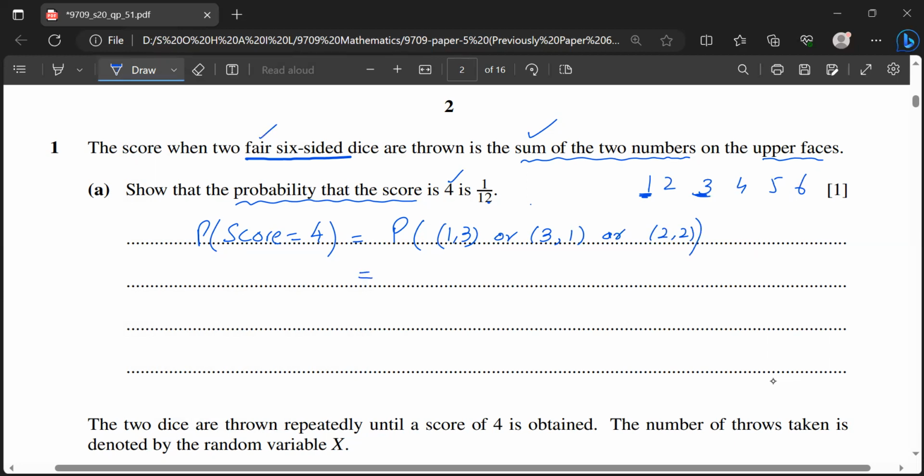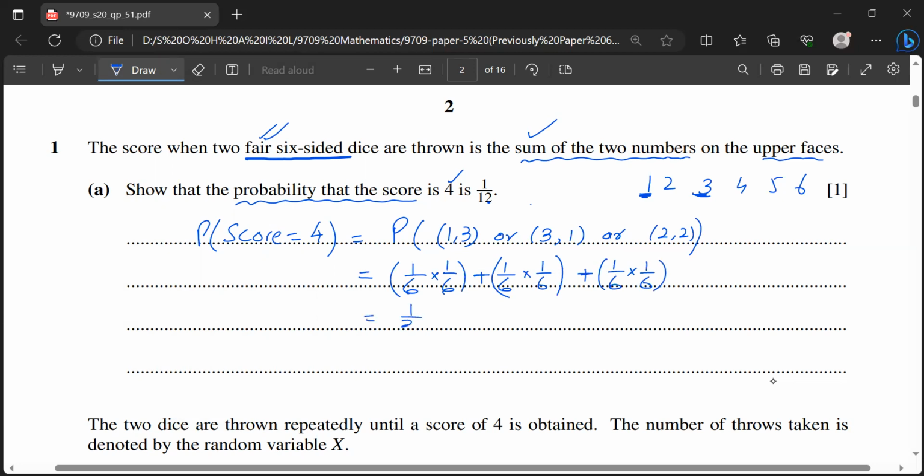So 1 and 3 means 1 over 6 multiplied by 1 over 6, or 3 and 1, 1 over 6 multiplied by 1 over 6, or, means plus, 2 and 2, again 1 over 6 times 1 over 6.